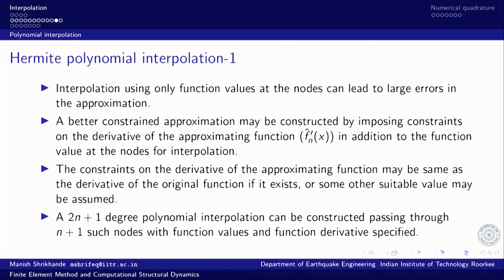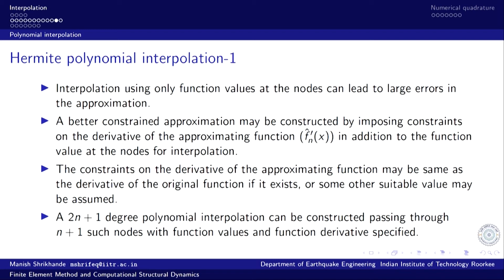Now we will look at this situation. If there are n nodes, and function values and the derivative are available at each node, then we have 2n constraint conditions, and if there are n plus 1 nodes, then I have 2n plus 2 constraint conditions available.